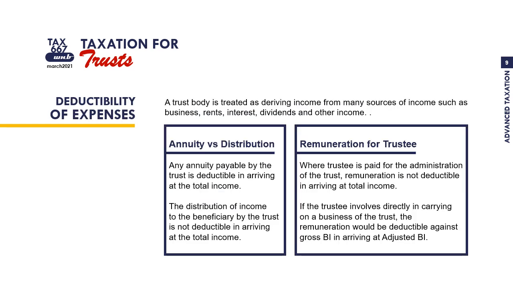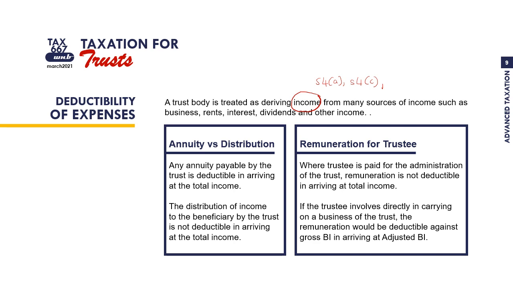Next, let us refresh a bit on how we treat expenses. Here, a trust body is treated as deriving income from many sources. So income for a trust body can come from section 4A, business income. We also have section 4C, investment income, which is interest and dividend.